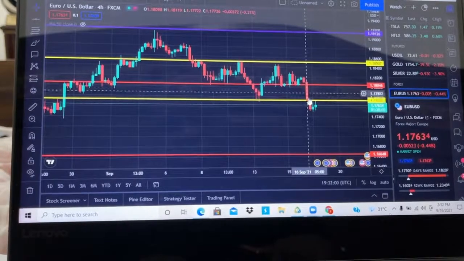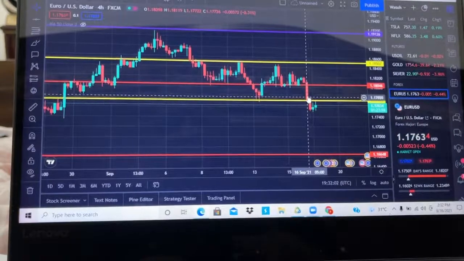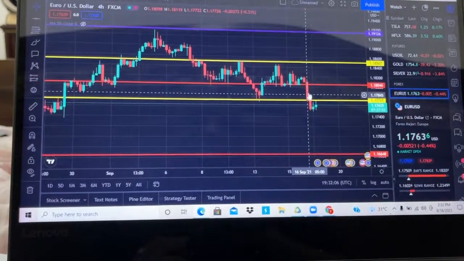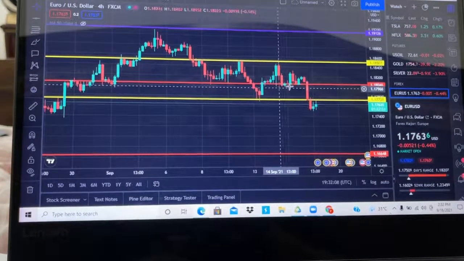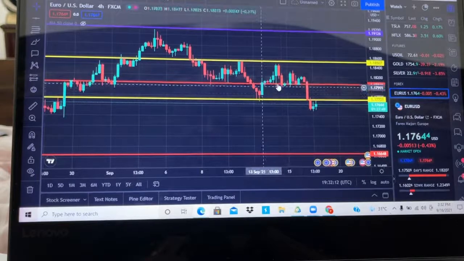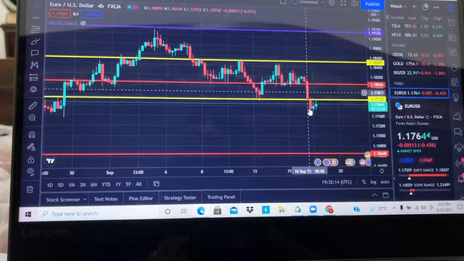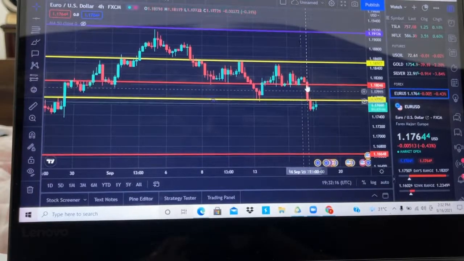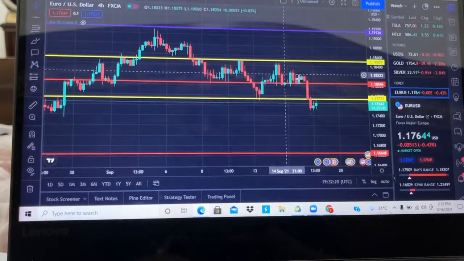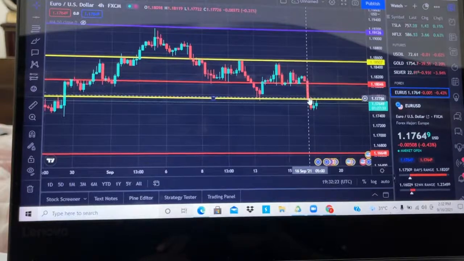But on the 15-minute, you may be seeing different information. So the time frame that you use to trade will determine if you will be buying or selling. Most naturally, on the 4 hour, we're seeing an opportunity for a sell.